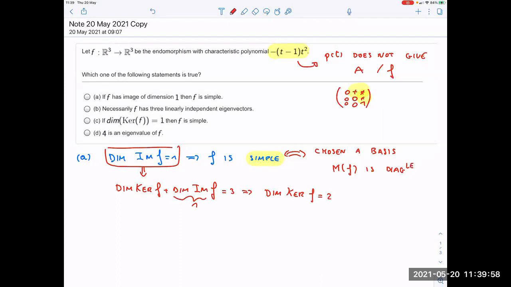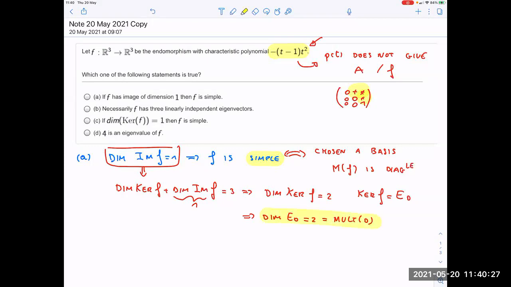Sophia Carnot made a nice connection because she said, well, if the dimension of the kernel is 2, we have to remember that the kernel of F is the eigenspace of 0. So what we are saying is that the dimension of E0 is equal to 2, and look, this is the multiplicity of 0 as a root of the characteristic polynomial. Look here, right?